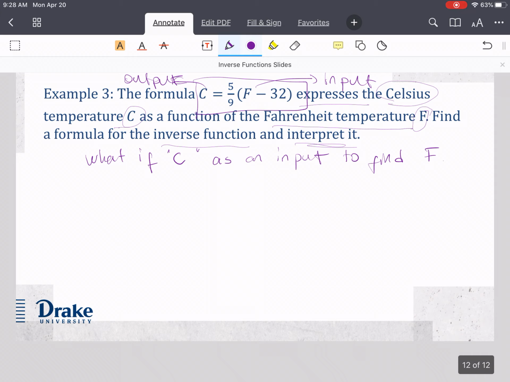And so what we will do is, first we know that C equals 5 over 9 times F minus 32. We're going to apply the technique that we know. So we're going to solve for F. We're going to isolate F. So to do that, we need to first multiply both sides by 9 over 5.